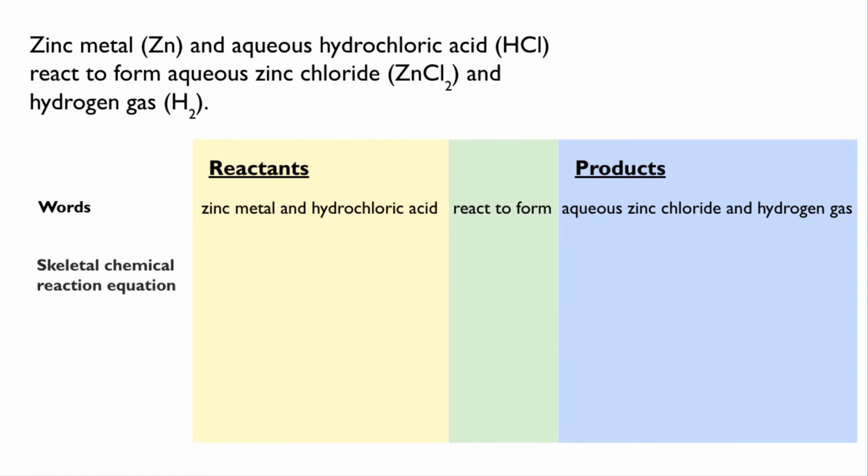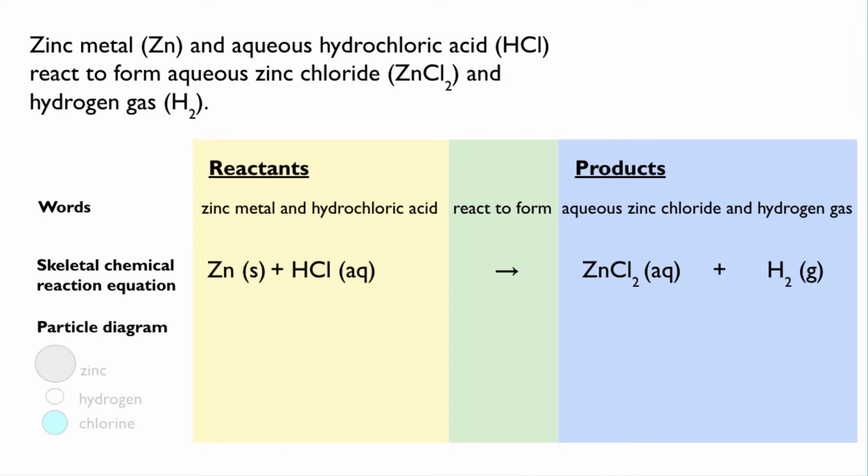When I go to write my chemical reaction equation, I'm just going to take the chemical formulas as they were written for me in the problem as well. So zinc metal becomes Zn, and it's a solid, so I'm going to say solid, plus aqueous, so that would be the symbol AQ, hydrochloric acid, arrow for reacts to form, ZnCl2, aqueous, plus H2 gas.